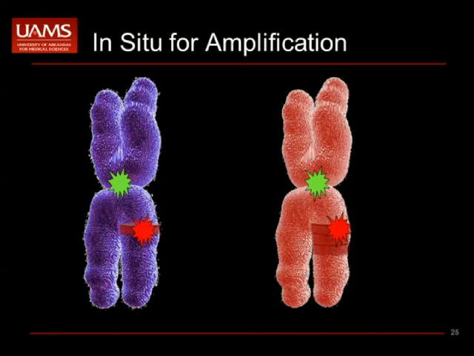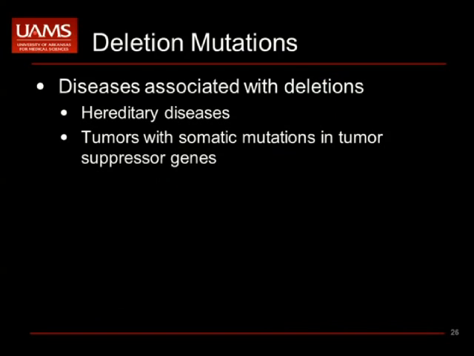Remember that the average size of fragments from paraffin-embedded samples will be 200 to 400 base pairs in size. You'll never get a PCR product across that, which is why we're forced, if we're looking at translocations at the nucleic acid level, to use RNA rather than DNA so that you can amplify across that.